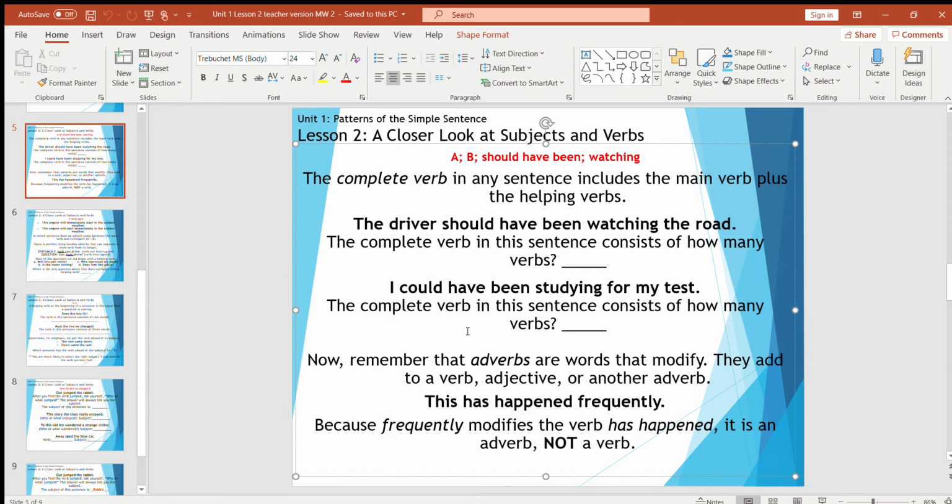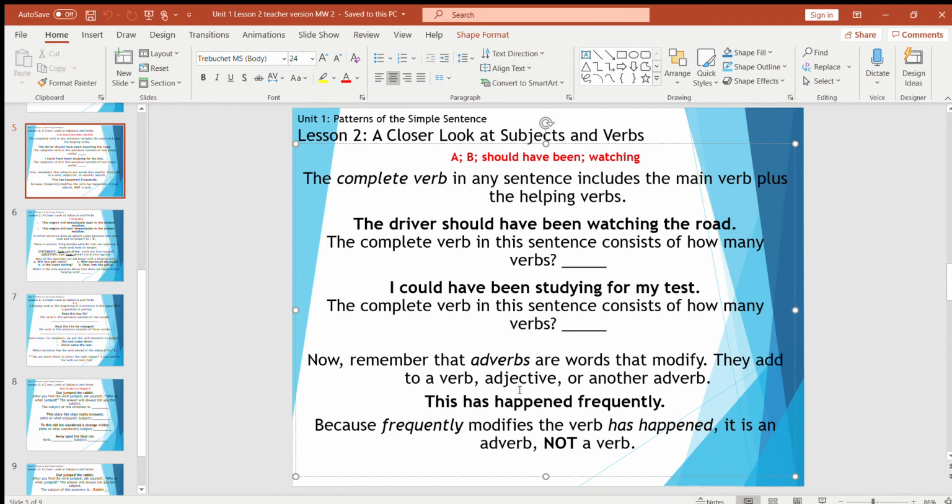All right, now adverbs. We'll get more into these later in the unit, but you might remember from last year that adverbs are another part of speech, and they modify. By the word modify, I mean they describe things. And adverbs describe verbs, adjectives, or other adverbs. Okay?